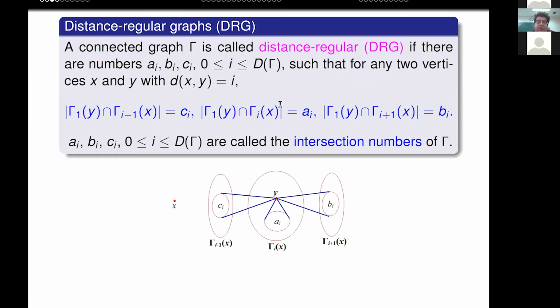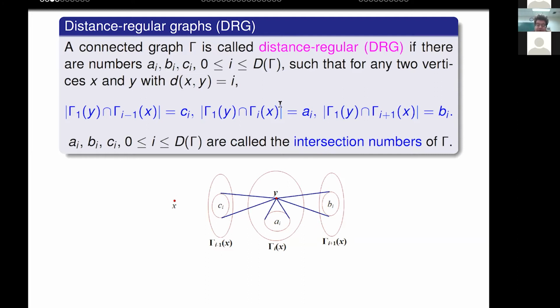So now we will introduce distance regular graphs. A connected graph is called distance regular, and we abbreviate it to DRG, if there are numbers a_i, b_i, c_i such that for any two vertices x and y at distance i, there are c_i neighbors of y at distance i minus 1 from x, a_i neighbors of y at distance i from x, and b_i neighbors of y at distance i plus 1 from x.